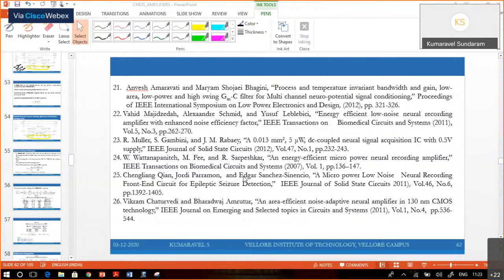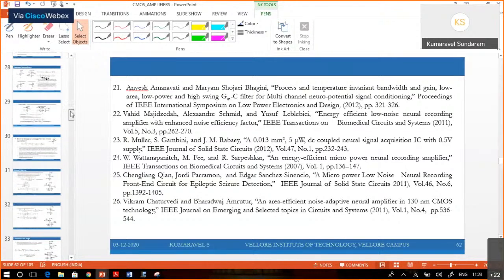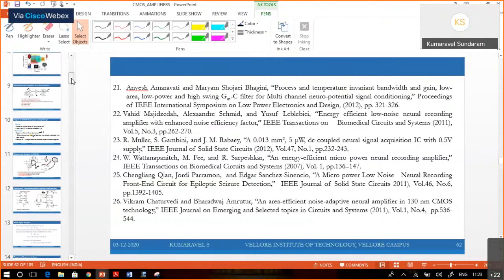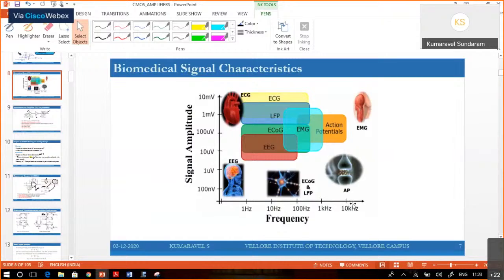One question is in the chat box, regarding bandwidth requirement. For bandwidth requirement, as I said, the F3dB, if you observe the biomedical signal characteristics, 10 kilohertz is the band for this signal. You need to design an amplifier, say, for example, only to process the EEG signal, so your bandwidth should be in hertz, right?